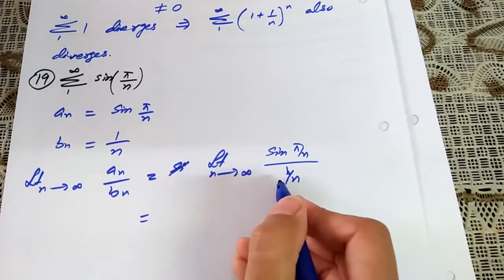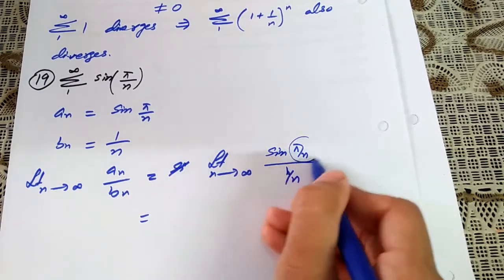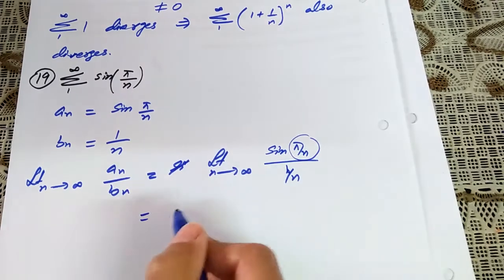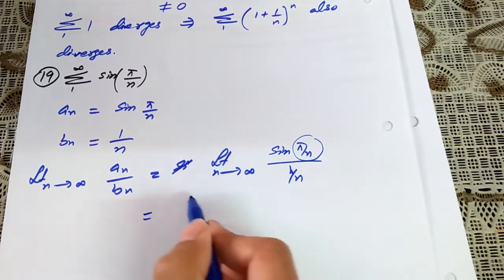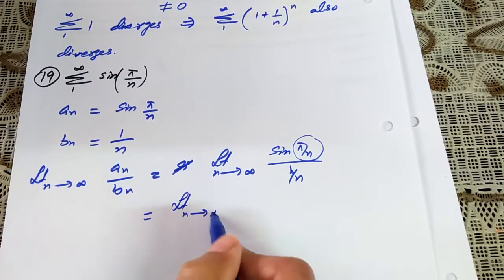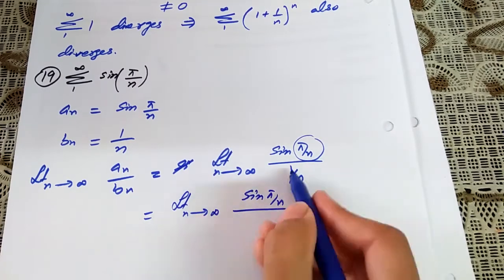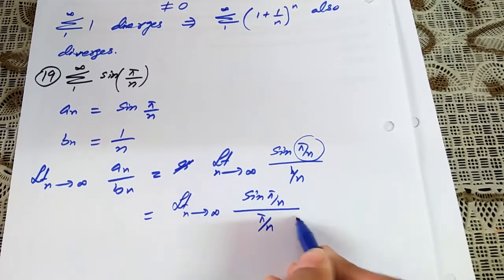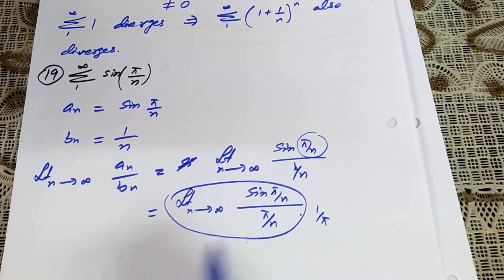This will be equal to, you know very well, we need here the same function here. For that purpose, I am multiplying it with pi and dividing it with pi as well. So limit n approaches infinity, sine pi over n can be written as pi over n into 1 over pi. And you know that this thing is equal to 1.